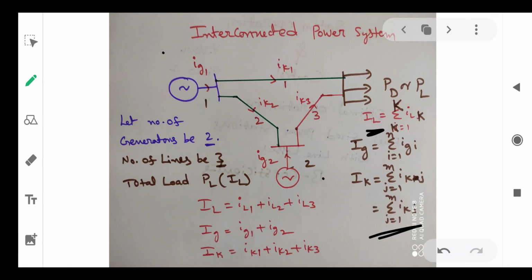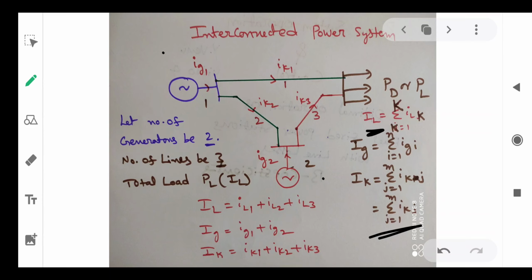Therefore the load current must be equal to the current through the transmission lines, which must be equal to the current fed by the generating stations, that is the total generated current Ig.